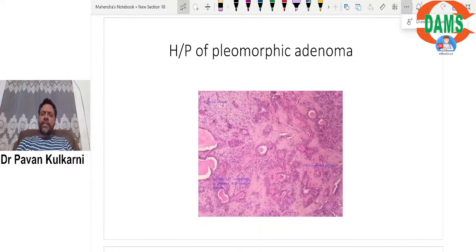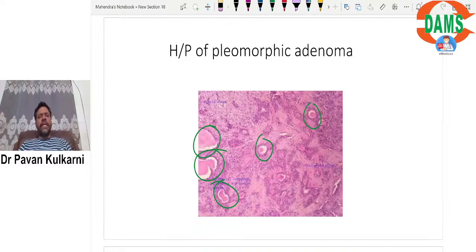What do you see in this? These are cyst-like spaces, which you can see are filled with some eosinophilic material. That is called eosinophilic coagulum.